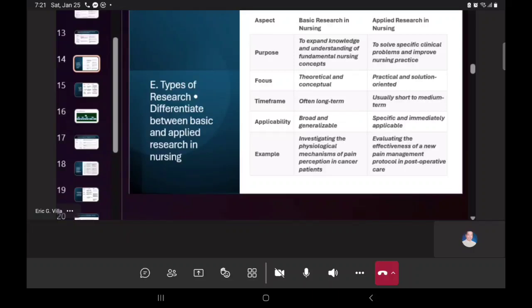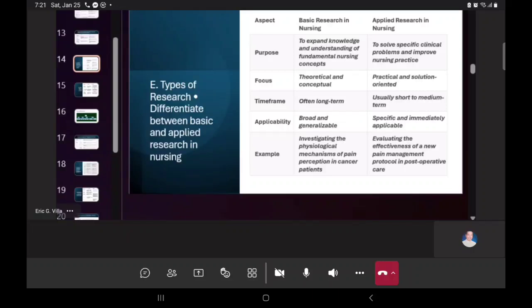The time frame for this type of research also differs. Basic research often requires a longer period to develop and test theories, while applied research typically has shorter timelines, aiming to address current clinical needs.